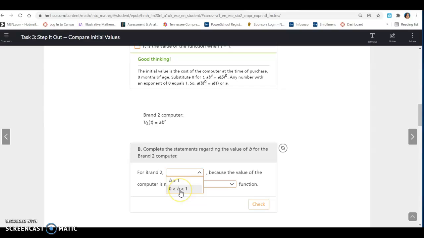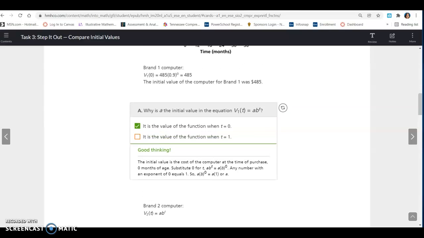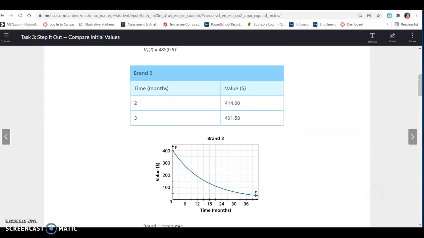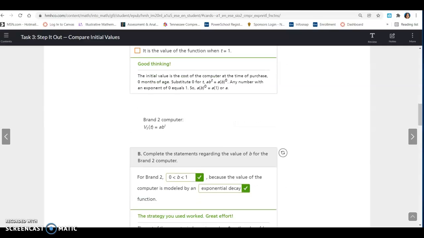It's exponential decay, so that means b is between 0 and 1, because the value of the computer is modeled by an exponential decay function. And you can see that as this gets bigger, this number gets smaller, so we know that this is exponential decay for that reason.